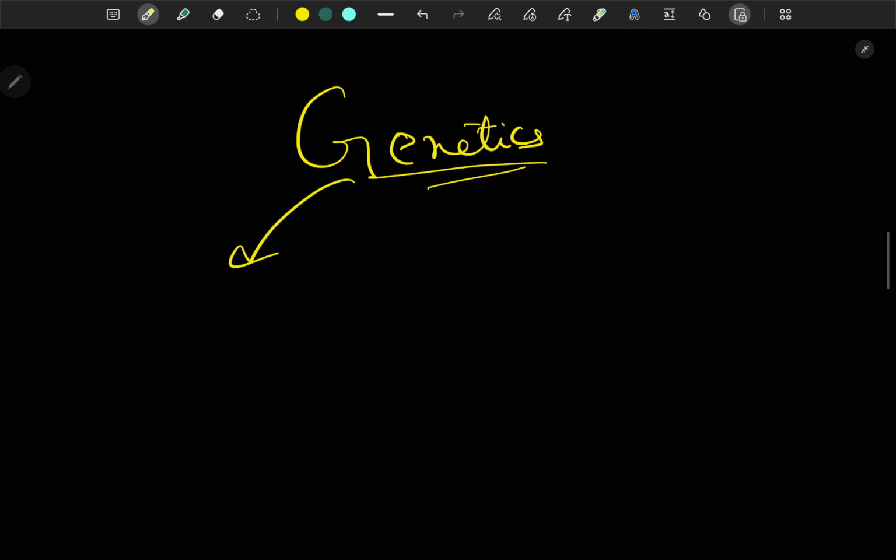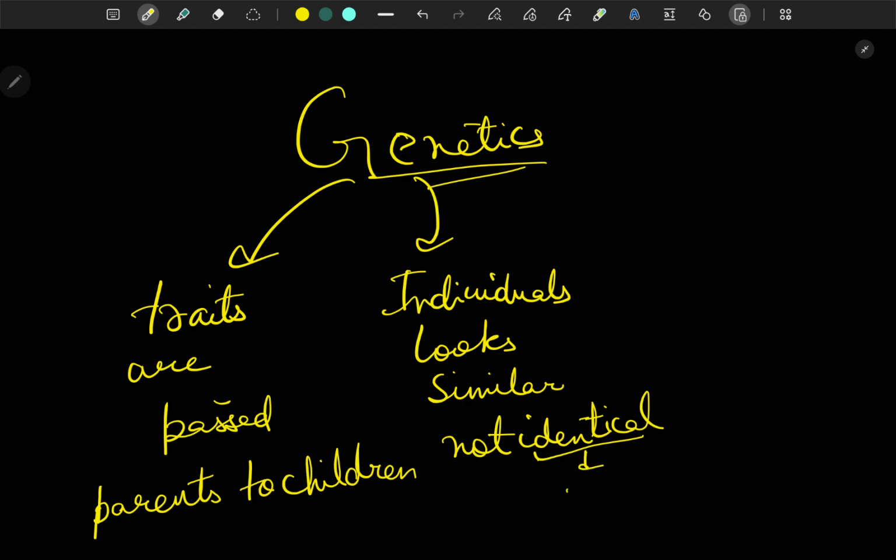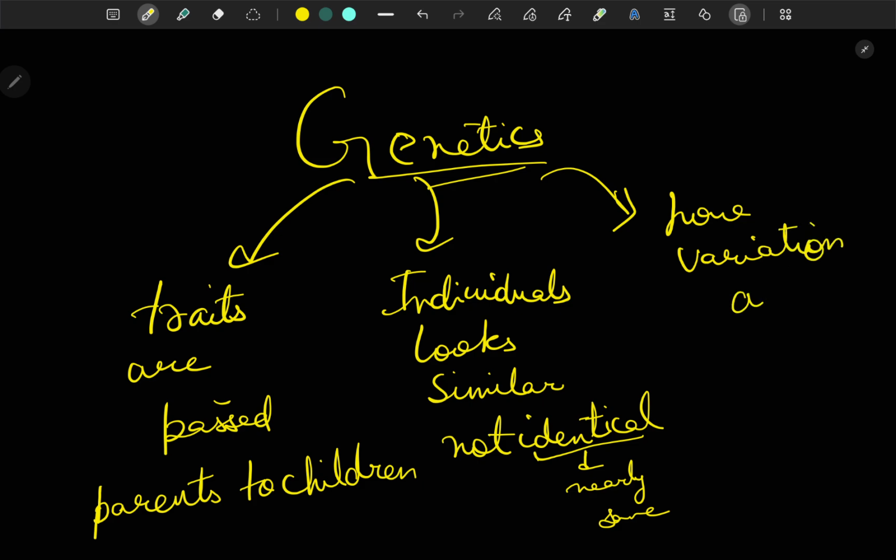It simply means how traits are passed from parents to children, why individuals look similar but not identical, identical meaning nearly the same, and third, how variation or differences appear.